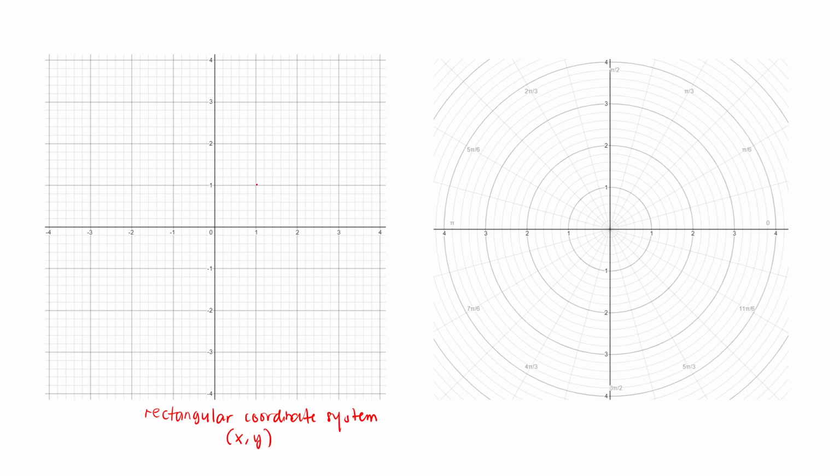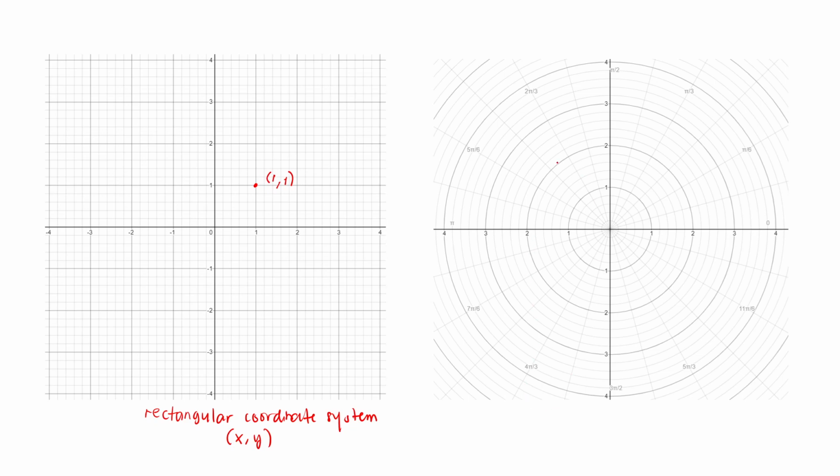So for example, I have a point here. This point is represented by 1 unit in the x-axis, and 1 unit in the y-axis. Okay, so that's how you represent your points in the rectangular system.